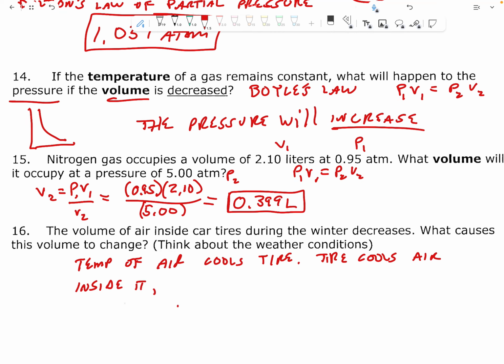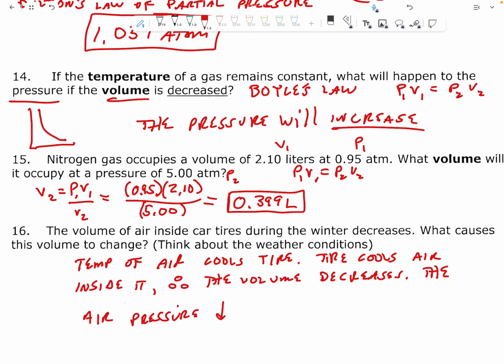Therefore, this means the volume decreases, and that means the air pressure inside decreases also. Okay? That's why.